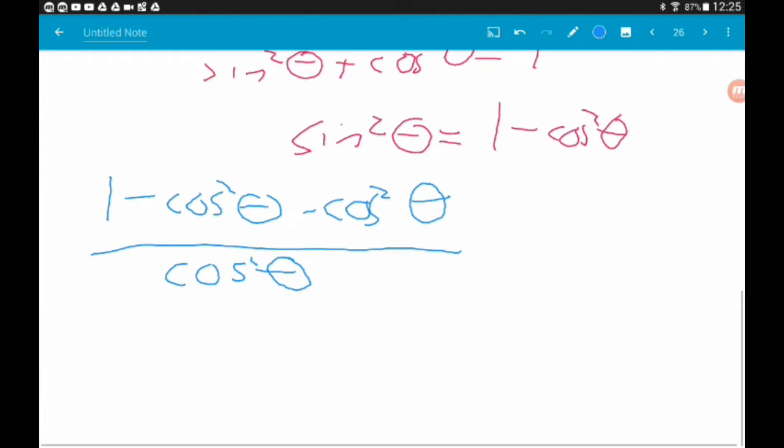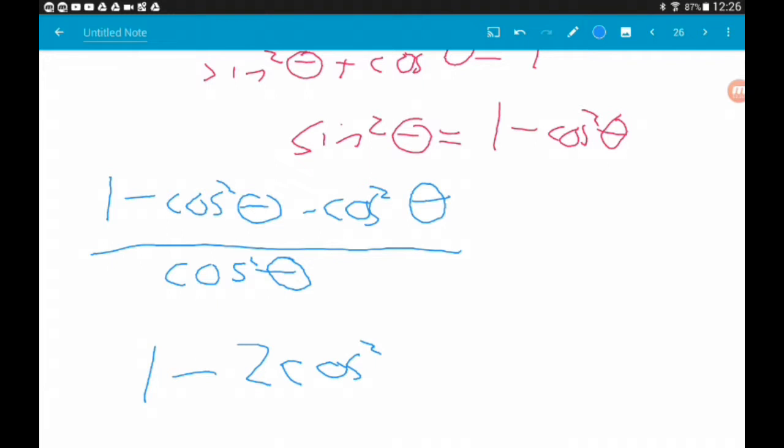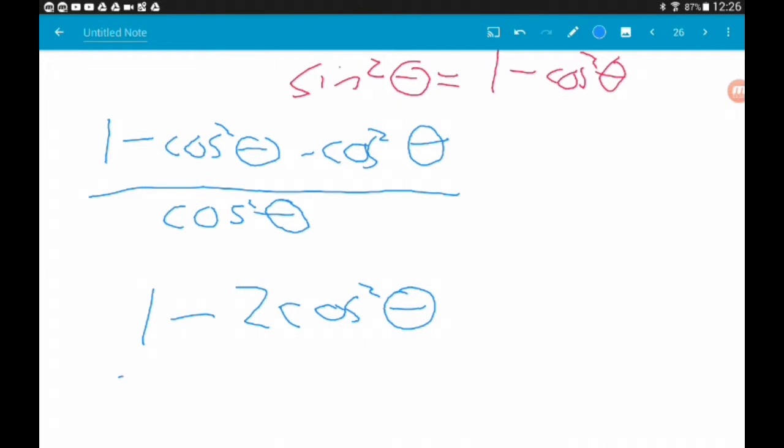Now we can simplify that as 1 minus 2 cos squared theta all over cos squared theta.